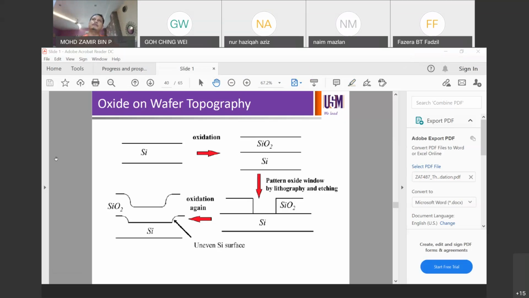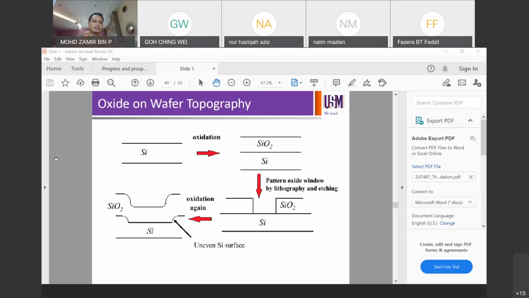Okay, kalau you tengok, well, let's recall the Deal-Grove model. If you look at the first step, bila oxide start reacting with the silicon, what is limiting the reaction? What is limiting the reaction when the oxidant starts to react with the silicon? Apa yang limitkan reaction tu?